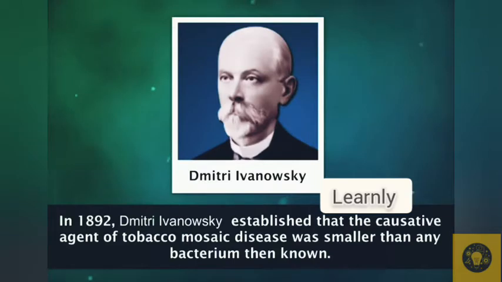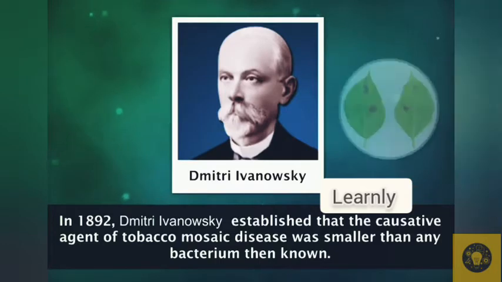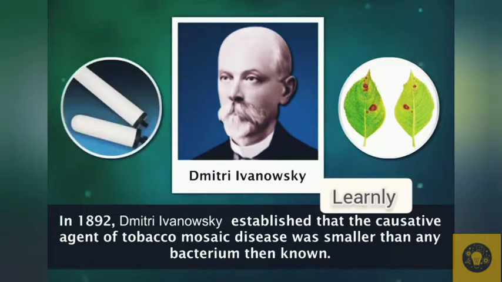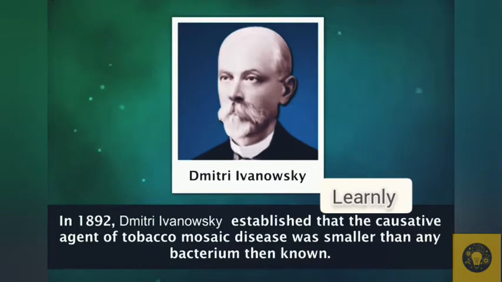In 1892, Dmitry Ivanovsky established by a simple experiment that the causative agent of tobacco mosaic disease was smaller than any bacterium then known. He found that the agent causing the disease was small enough to pass through ceramic filters that are small enough to trap all bacteria.